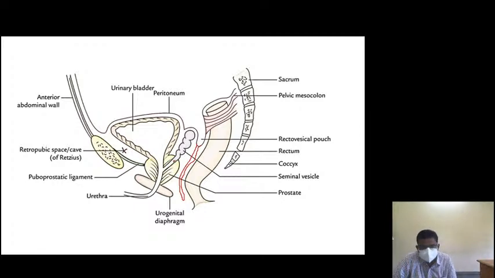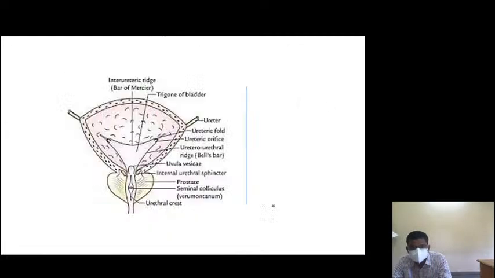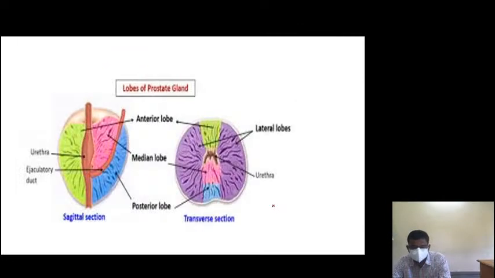So due to the enlargement of this median lobe, you can see this one, once the median lobe is mostly affected in benign prostatic hypertrophy and is enlarged, it can also compress and inflame the lateral lobes.